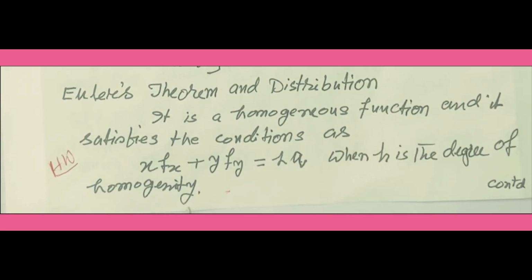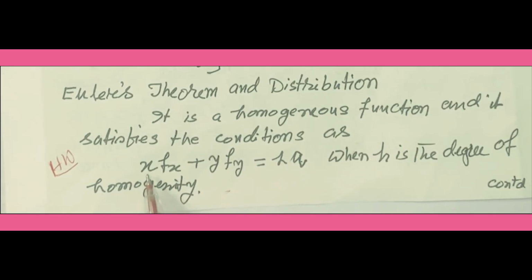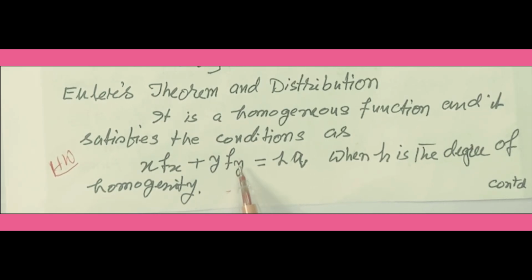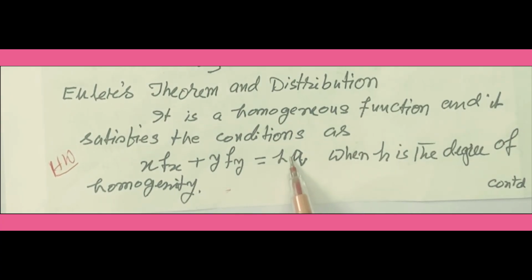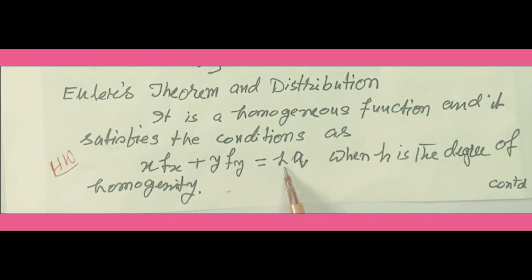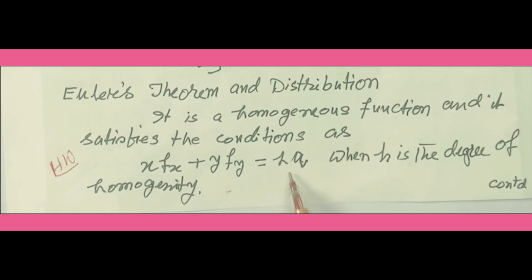Now, fx is the marginal product with respect to x, multiplied by the level of input x. And fy is the marginal product with respect to y, multiplied by the level of input y. If we sum these up, it is equal to the output multiplied by the degree of homogeneity, h.